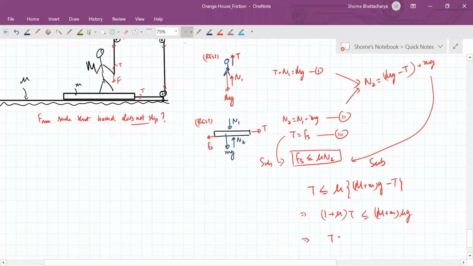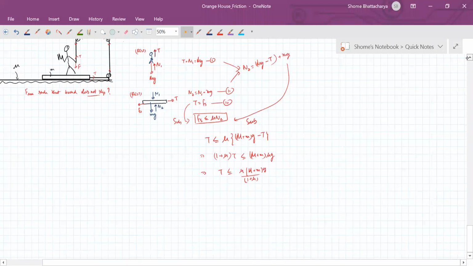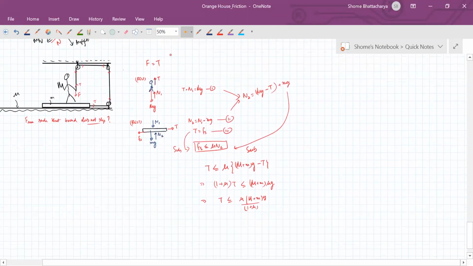So that means P should be less than equal to, so now remember T is equal to F. The amount of tension in the thread is nothing but the force that the person is applying. So substitute that here.